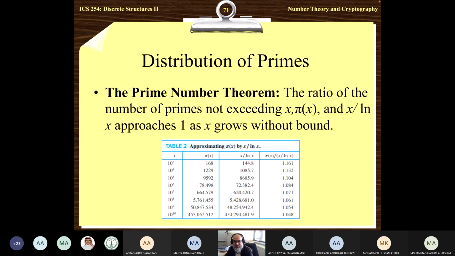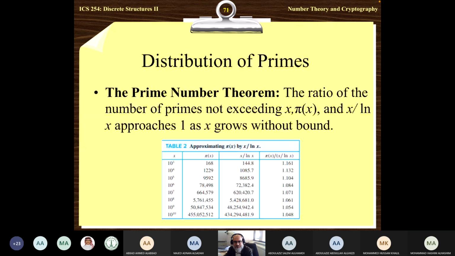Have a sneak peek at the table, and see whether you can rephrase this theorem.